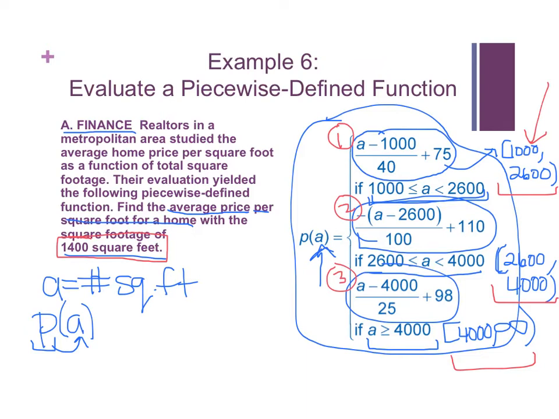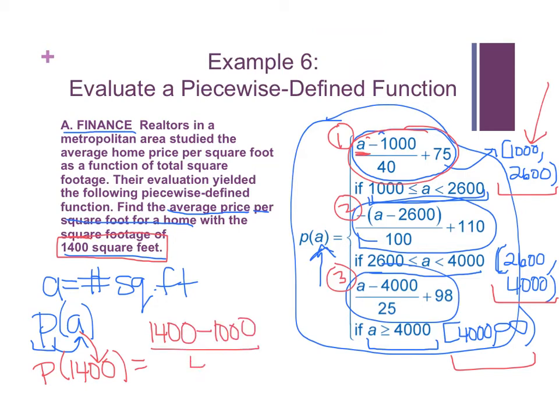So I'm going to say, what is the price of a home whose area or square footage is 1,400? And what I'm going to do then is, in this equation, replace the value of A with 1,400. So I'm going to get 1,400 minus 1,000 divided by 40 plus 75.